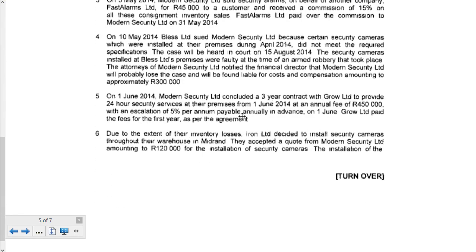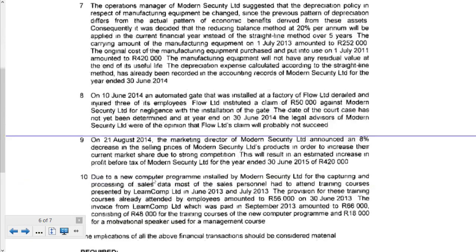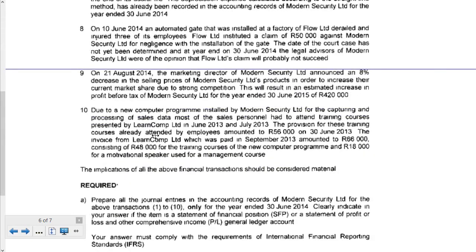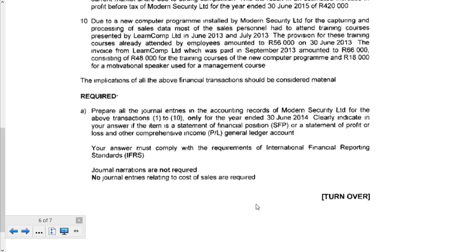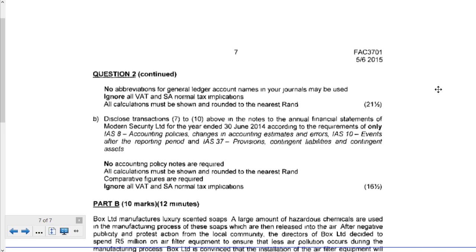There's a 3-year contract to provide security service. So you can see it's revenue, bit of provisions, but a lot of revenue in this question. Required A says prepare the journal entries in the accounting records for transactions 1 to 10 above, and that is for 21.5 marks.